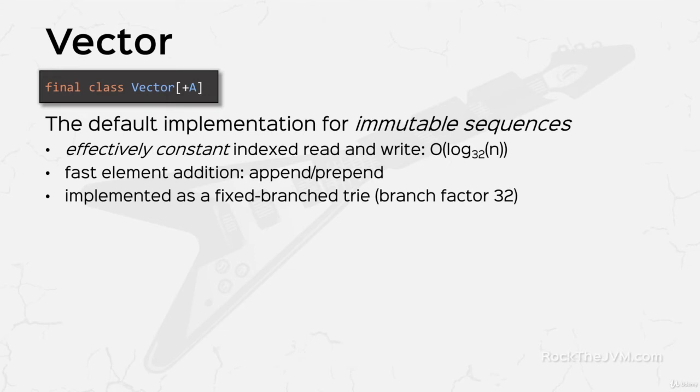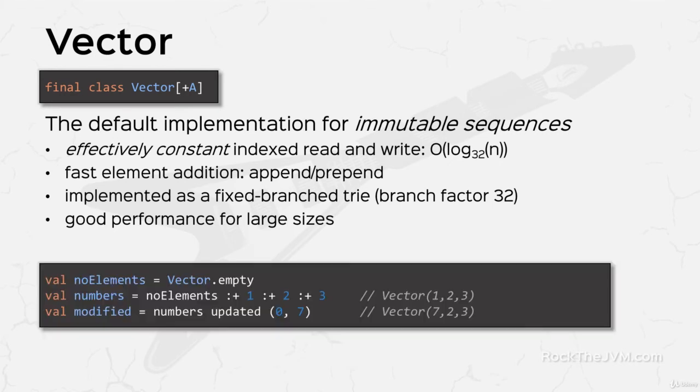So it holds 32 elements at any one level. That is for memory and cache optimizations. It also offers good performance for very large sizes. So we're actually going to see some examples of using vectors in practice here, and we'll also do a small perf test versus a simple list.